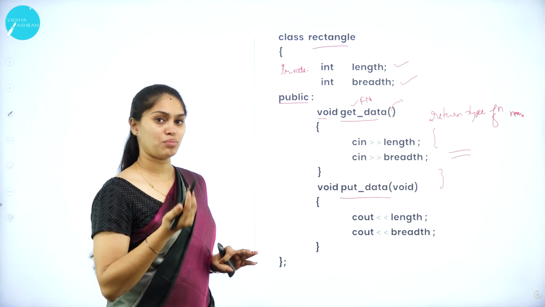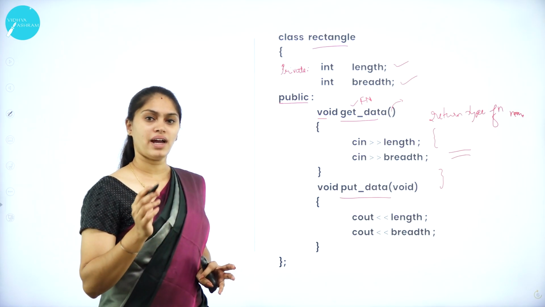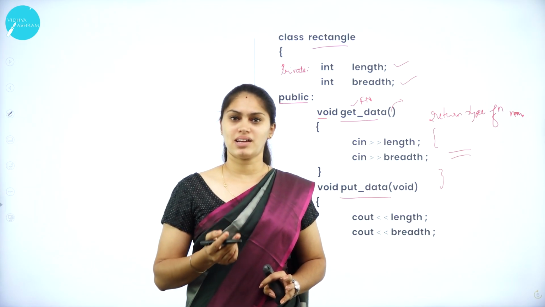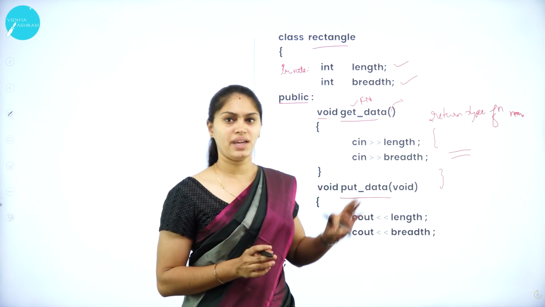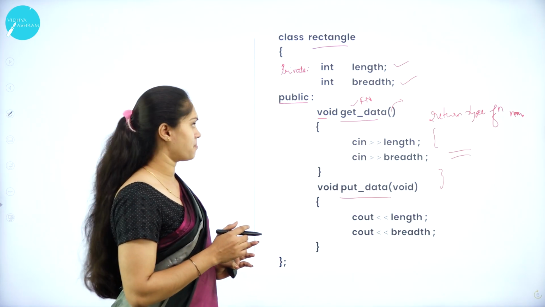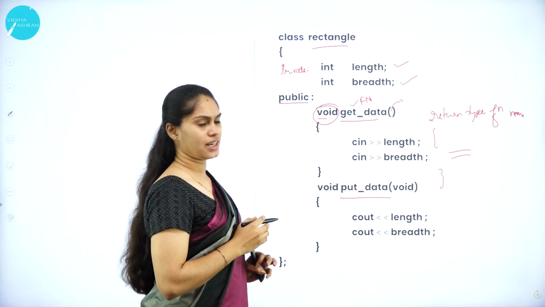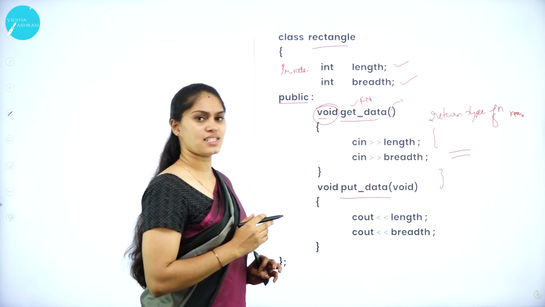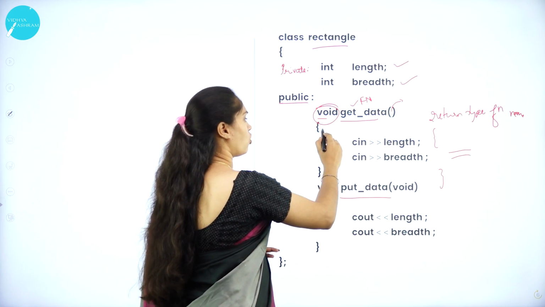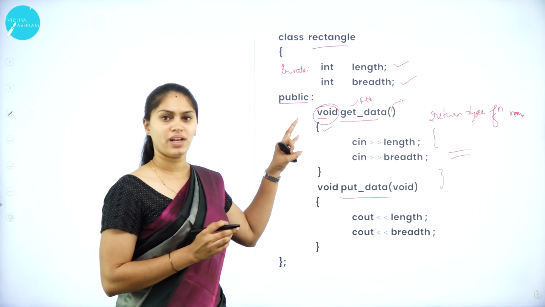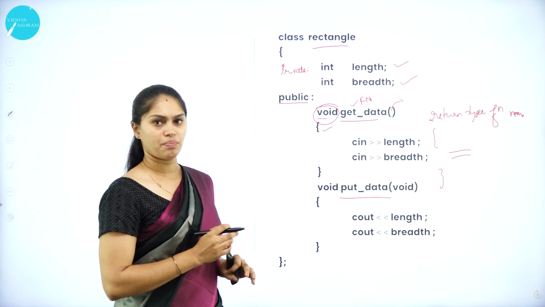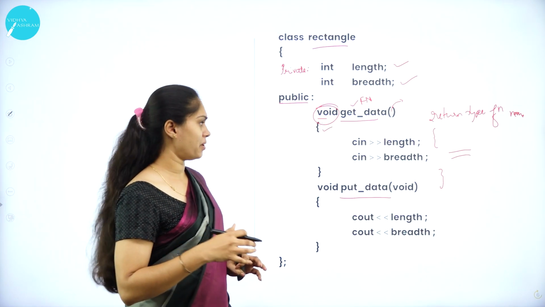In this context I am not taking any parameter, but if you want to specify any parameter or argument, it must be within the braces. Here the return type is void, which means no data is returned. Then getData is the function name, and the opening flower brace indicates the opening of the scope of getData. Okay, what does the function body comprise?